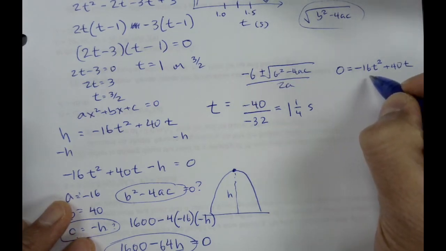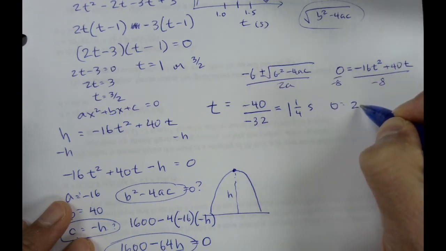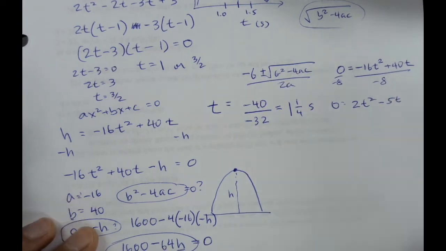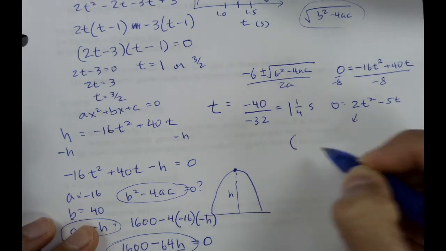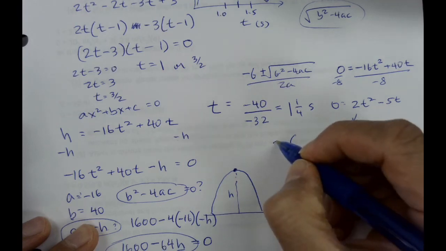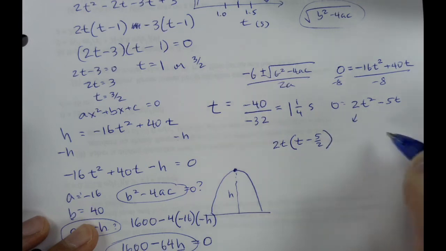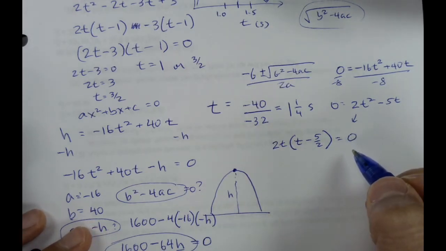We can go ahead and divide by negative 8 on both sides again. Okay, and then here actually we can go ahead and factor this, right? We can use the zero product property, I think. We can take out 2t and be left with t minus 5 over 2 is equal to 0, and I flip them just because I'm used to having 0 on the right.